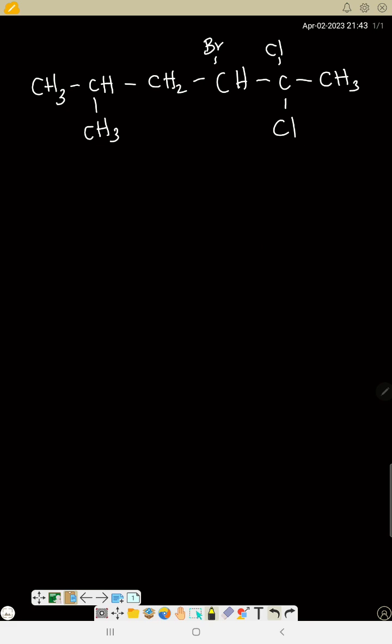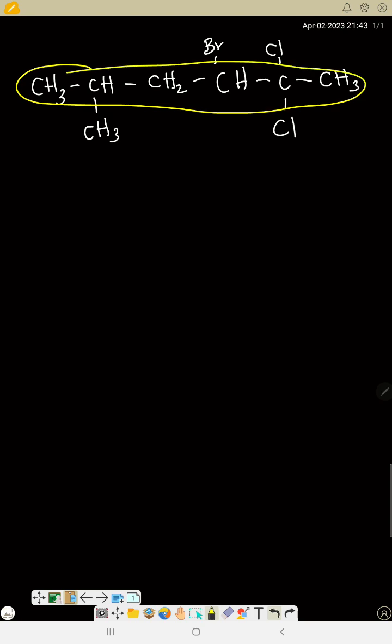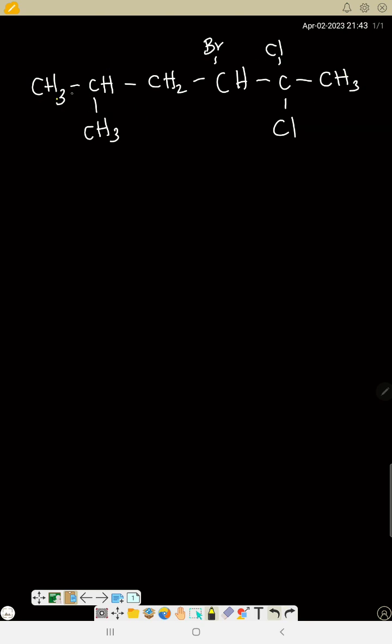So start your numbering. This is a straight chain here. That is 1, 2, 3, 4, 5, 6. This is another chain here. Also 1, 2, 3, 4, 5, 6. So any one you pick there is allowed. So I'll pick the straight chain. So this is 1, 2, 3, 4, 5, 6.